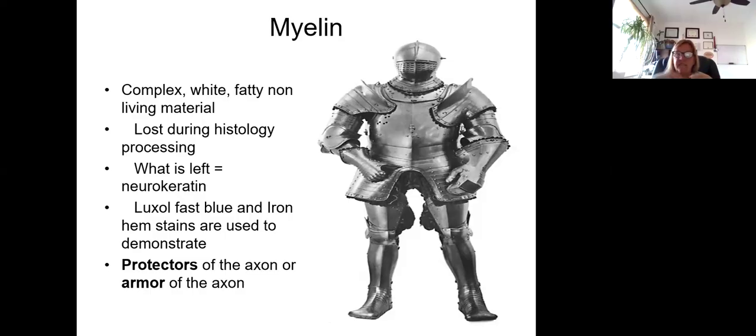What's left behind is a substance called neurokeratin, which is part of that non-living material. So we can stain the neurokeratin, and it looks just like myelin microscopically, but keep in mind that the myelin itself actually goes away and we're staining the leftover, which is neurokeratin.